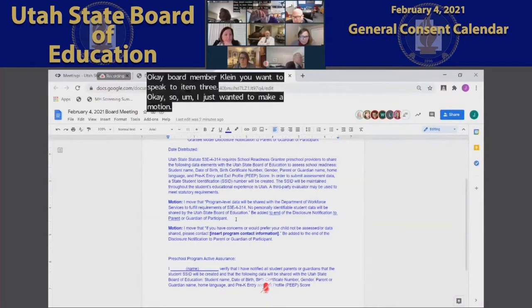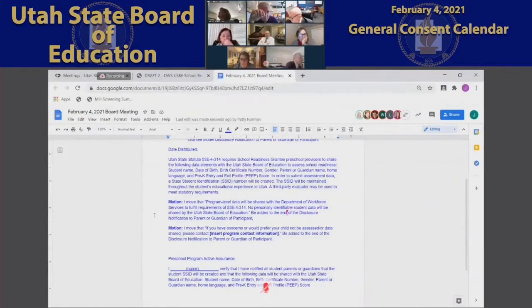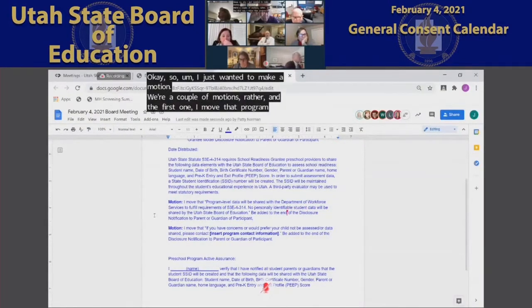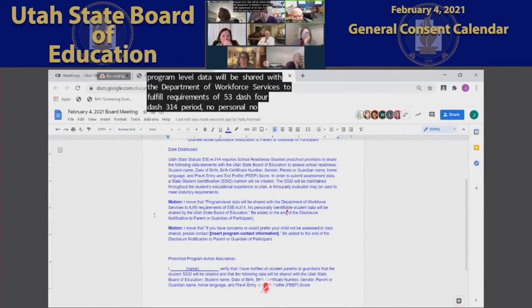No personally identifiable student data will be shared by the Utah State Board of Education. That needs to be added to the end of the disclosure notification to parent or guardian of participant. Okay, we have a motion. Is there a second?